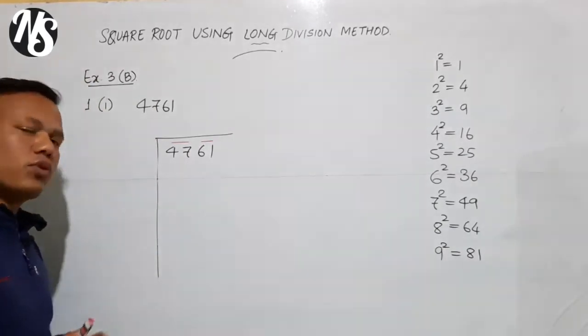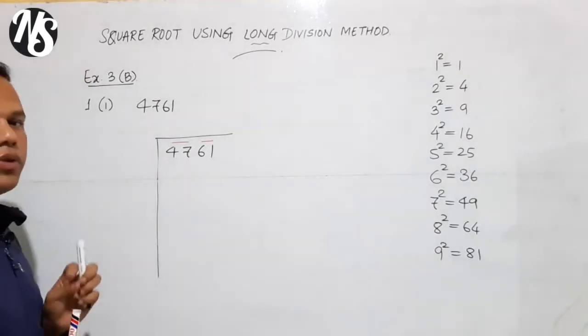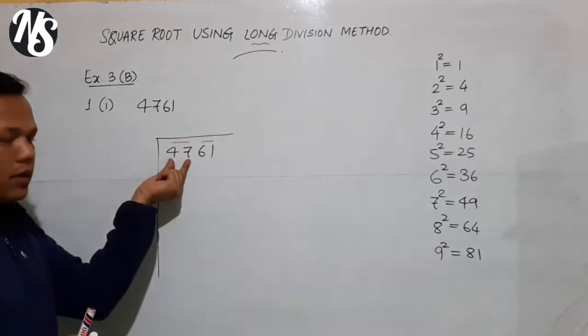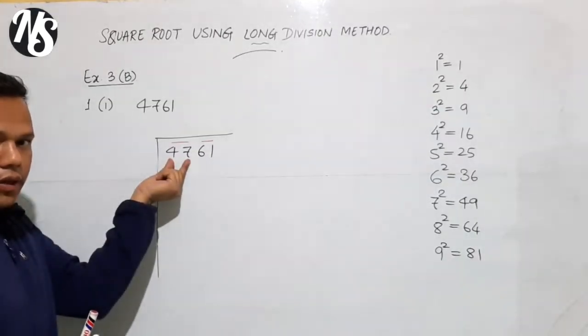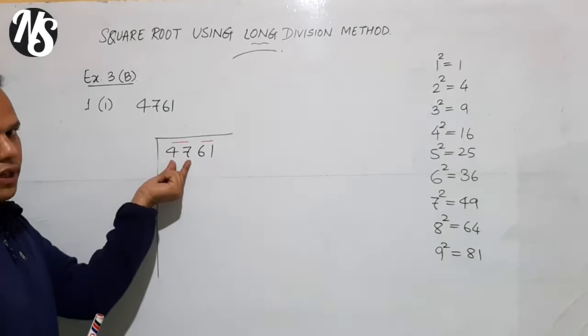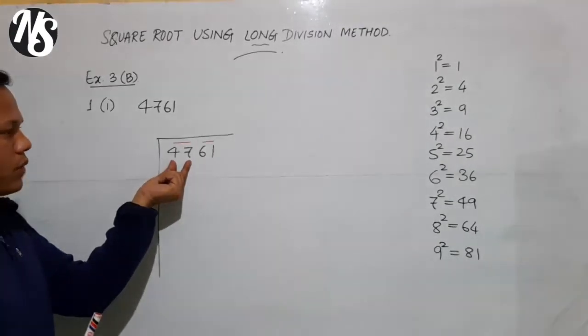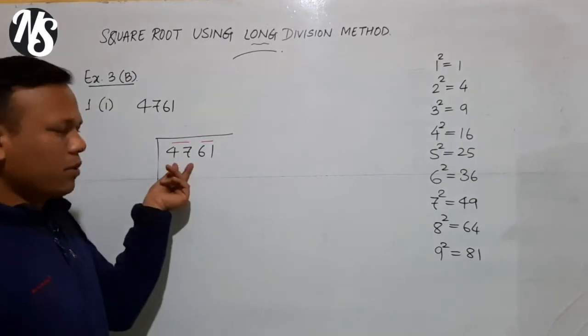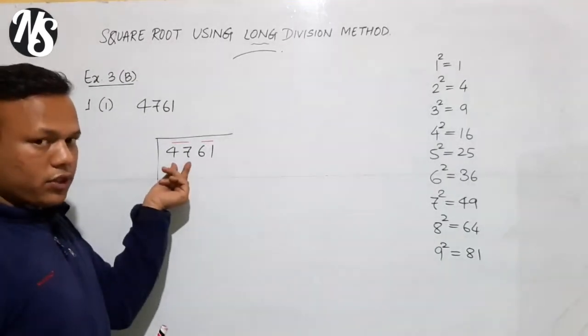First and foremost, you have to divide not only one number, but the pair. If a number is alone, then we need not take a pair, but here since we have a pair, we'll try to divide the pair. In this list, you have to search for the number which is just less than 47.